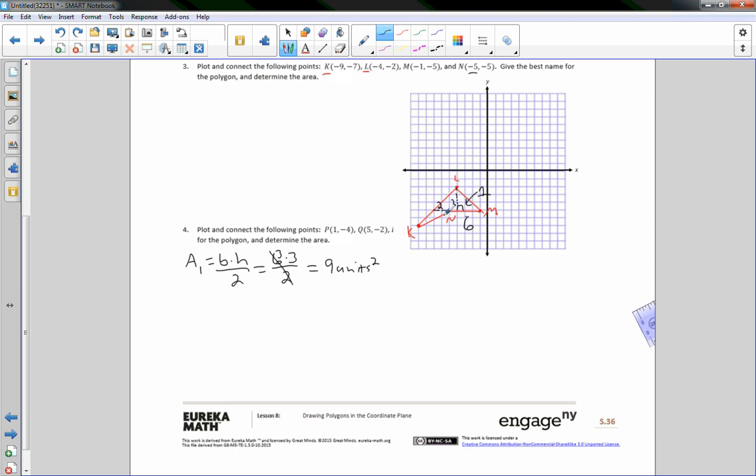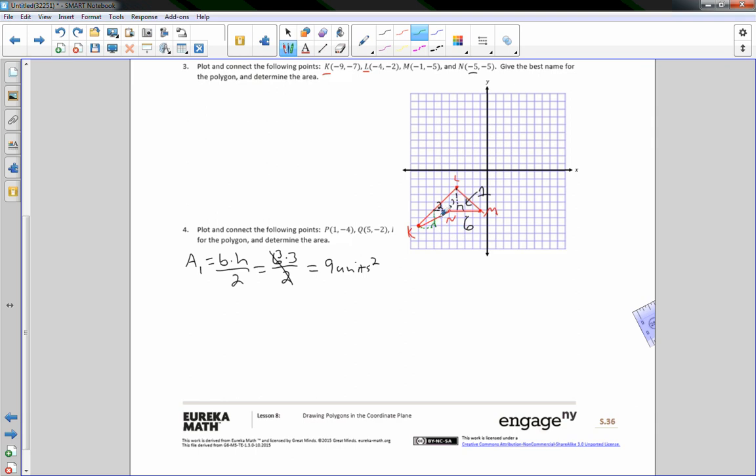Now I have to find the area of this red triangle here. In order to do that, I'm going to put a box around it and subtract. So this is a distance of 2. Actually, that could be my base. And if I draw a vertical line to here, and over to here, that could be my height.